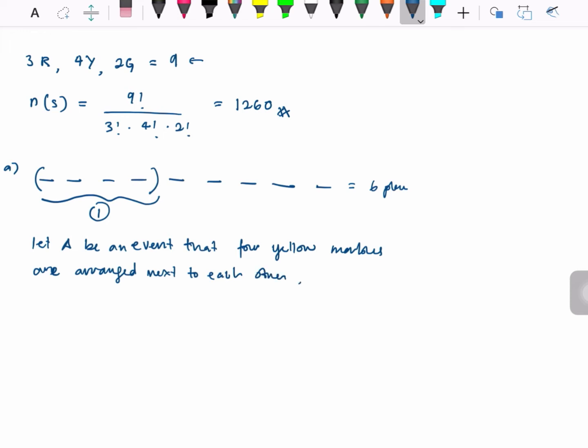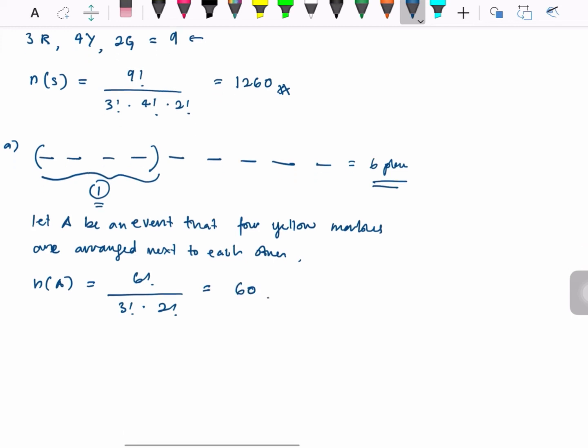Now we find the total of event A, which is equivalent to, since we have 6 places including this one, 6 factorial divided by the 2 remaining identical objects, red marbles and green marbles. So we divide by 3 factorial times 2 factorial. Therefore this will be equivalent to 60.